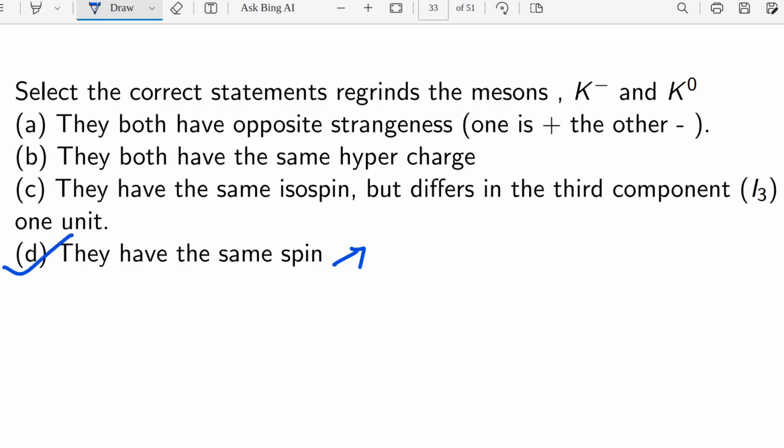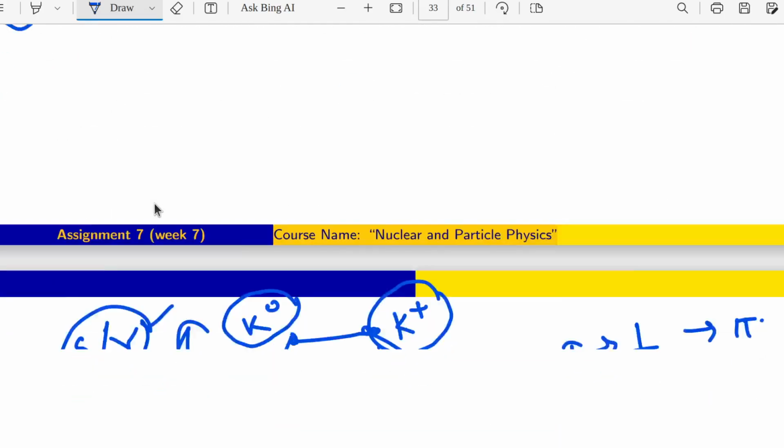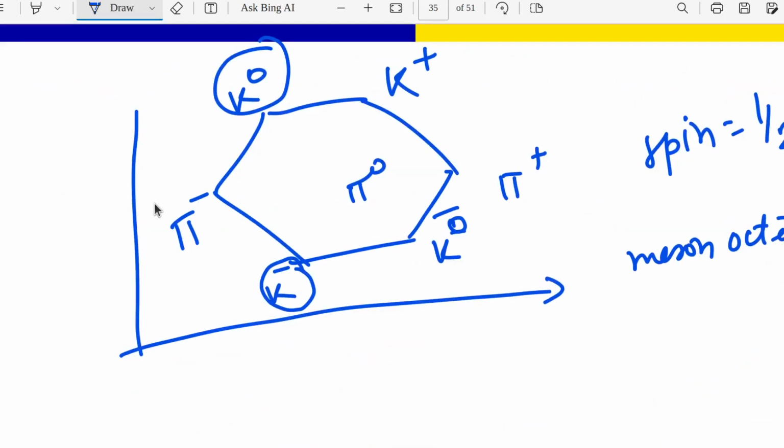Okay. Now coming to the third one. They have the same isospin but differ in the third component by 1 unit. That means they say our K minus and K0 have the same isospin but differ by the I3 value. So is it correct or not? We have to check. So see here.